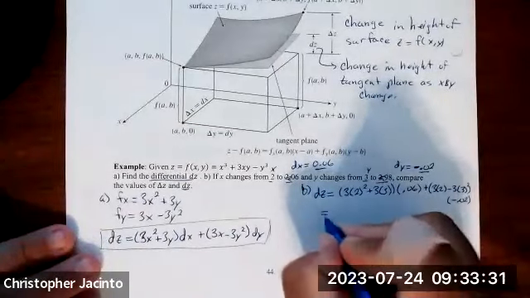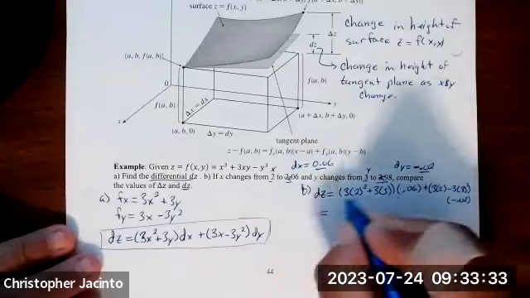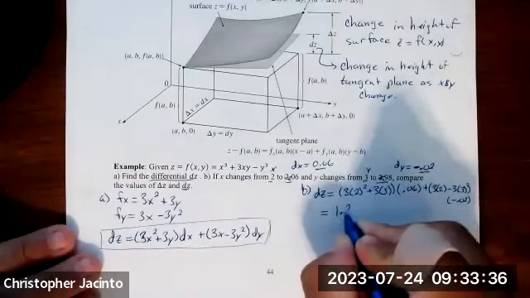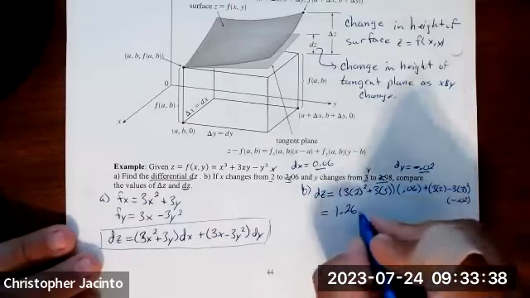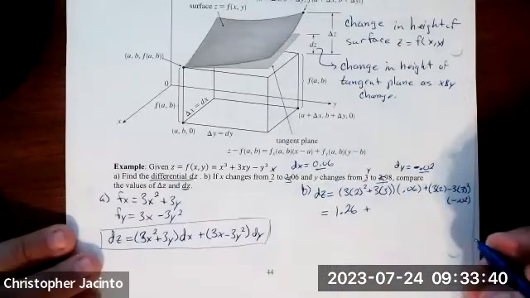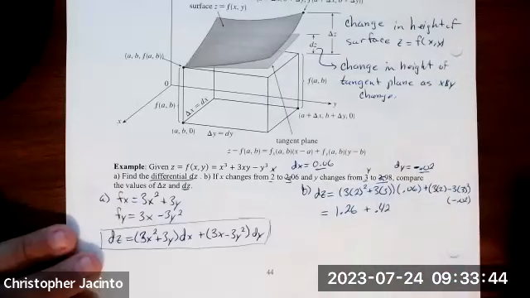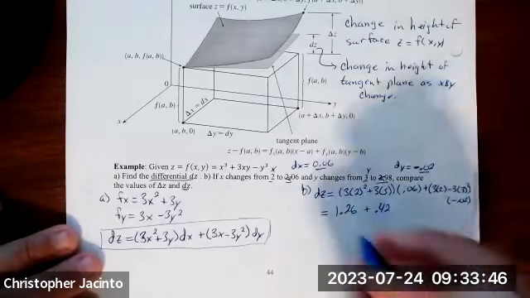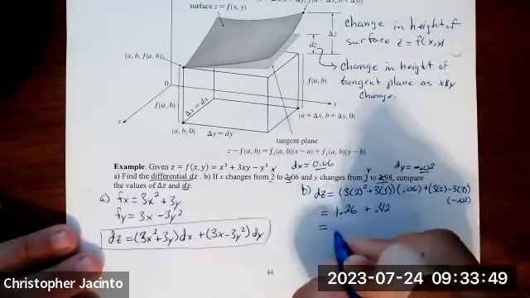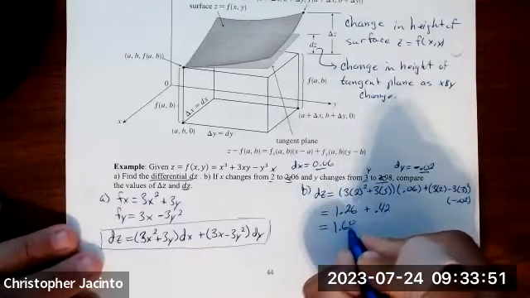So just simplifying everything we have. This whole part just gives me 1.26, and the other part gives me 0.42. So adding this together, our approximation is going to be 1.68.